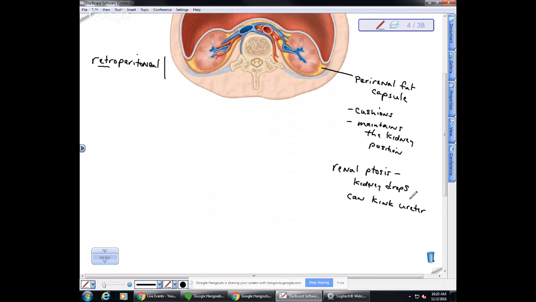Then urine starts to back up into the kidney, and this has a name: hydronephrosis.